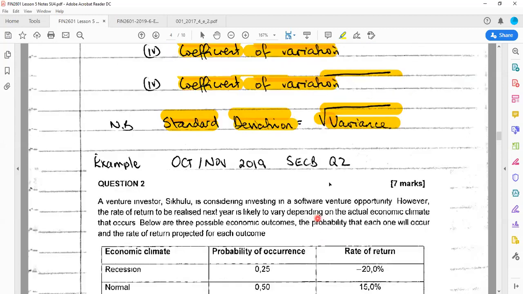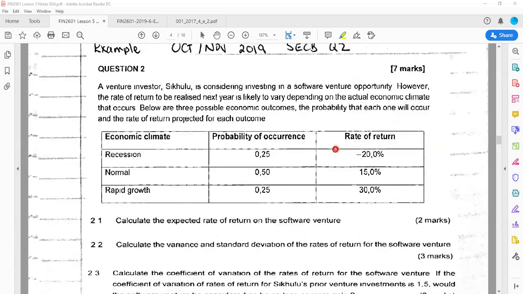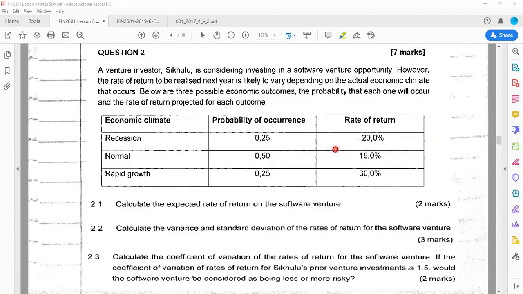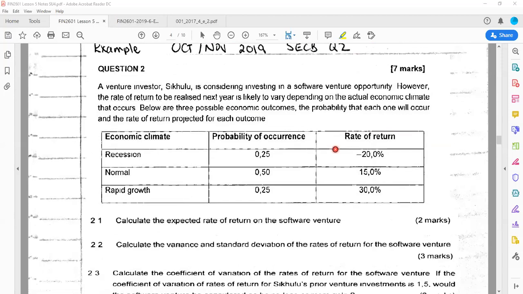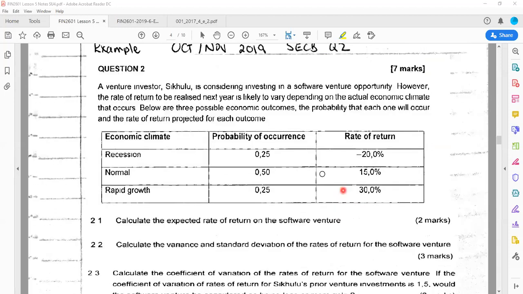Let me illustrate to you how you would calculate the standard deviation and the variance in a question. I'll also show you the formulas through a question. I'm looking at October, November 2019, section B, question 2 as an example. An investor, Sikulu, is considering investing in a new software venture company.